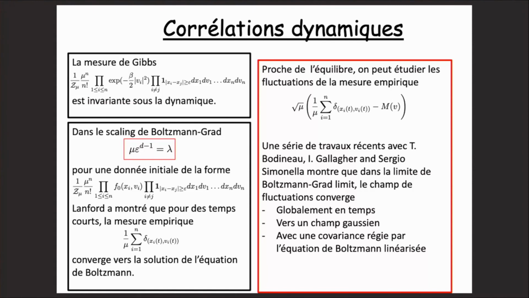So it's really a law of large numbers. And then you can prove that this will be very close to the solution of the Boltzmann equation. The Boltzmann equation is a very fundamental equation which predicts, for instance, the second principle of thermodynamics, and which is used to predict the behavior of gases.